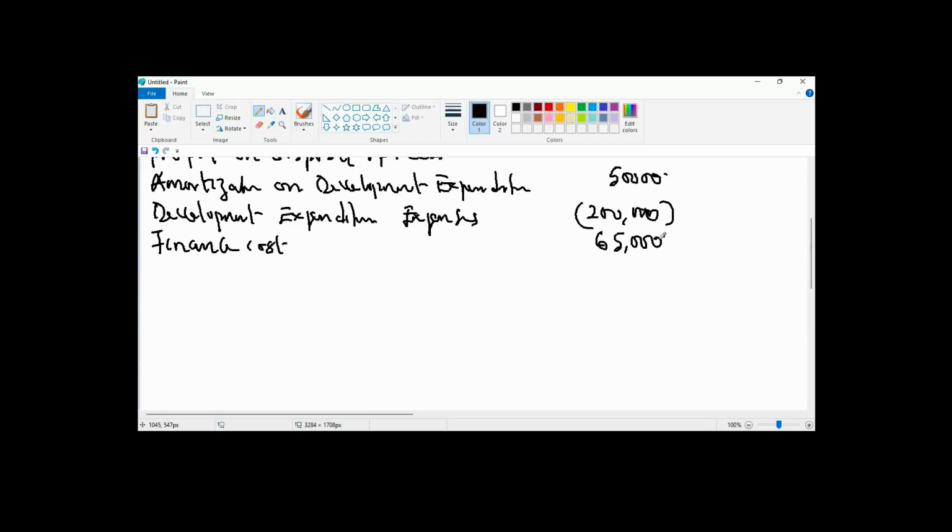A sum of 110 has been charged as depreciation on lease assets.